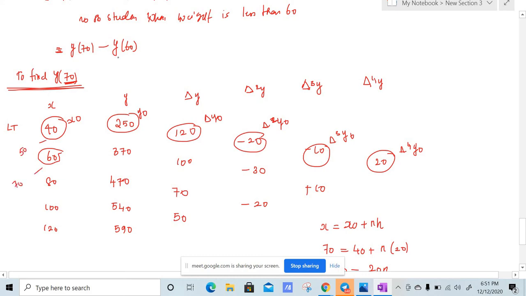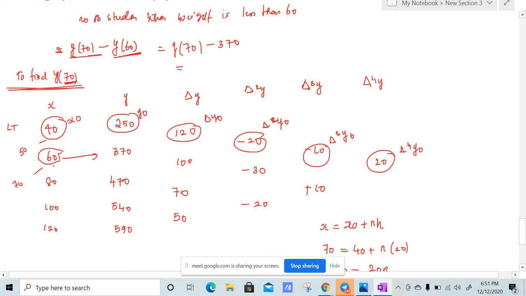But here they ask us to find the number of students between 70 and 60. So y of 70 we don't know, but we know y of 60 already. For y of 60 we can straight away use the number of students less than 60, which is 370. So y of 70 minus 370, right?